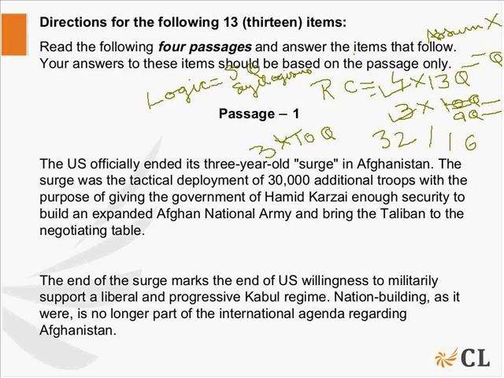Then there were 10 questions on critical reasoning, right? Out of these 10 questions, even if I do 4 to 5 questions, I'm on the safe side. I don't have to do all the questions over there. And there were decision-making questions, which were 8 questions. Out of these 8 questions, these did not have any negative marking, right?